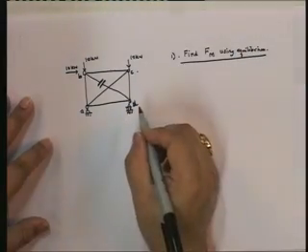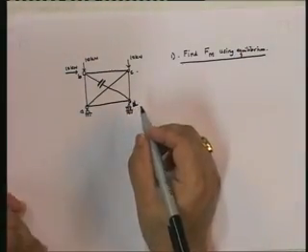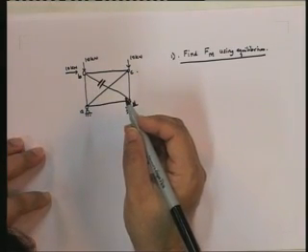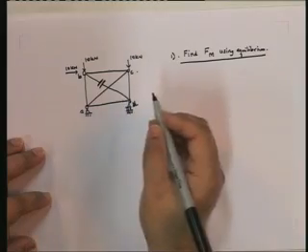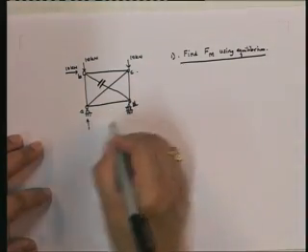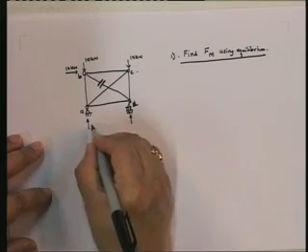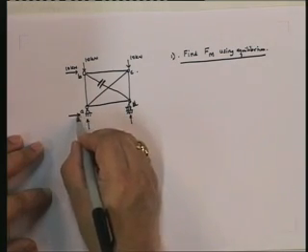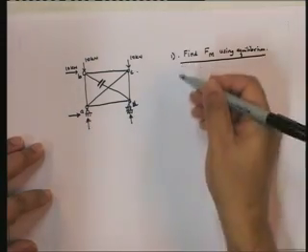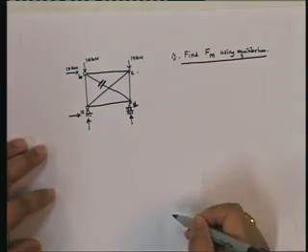So let's do that. Here I'm going to be using the method of joints. And since I'm going to be using the method of joints, let's first find out the unknown reactions. I'm going to just find out the reactions without actually writing down all the equations.